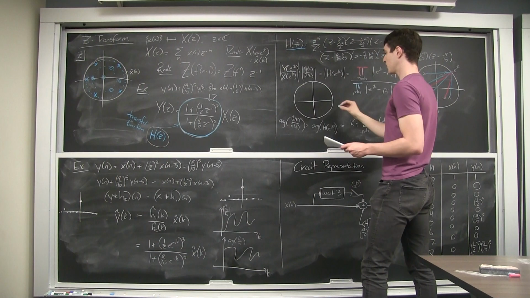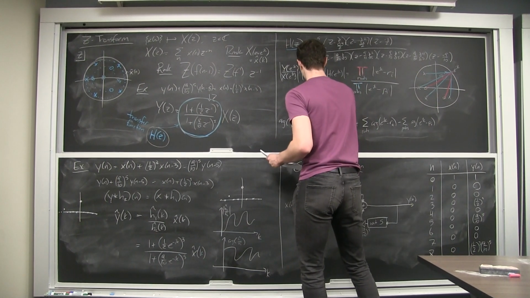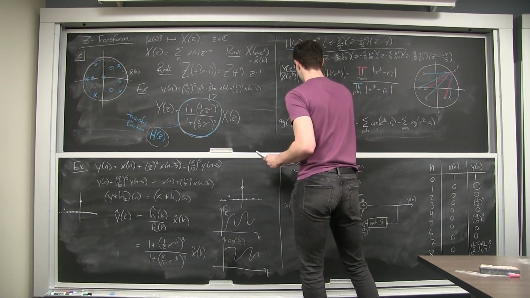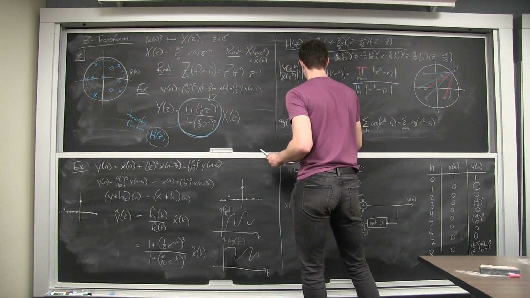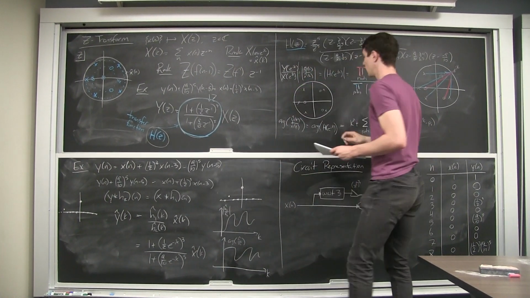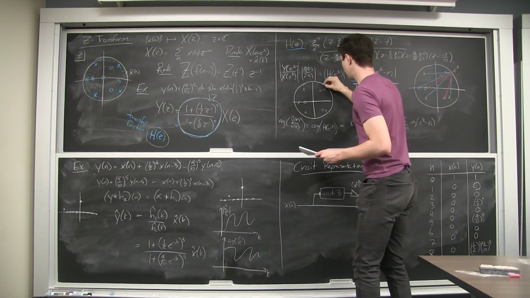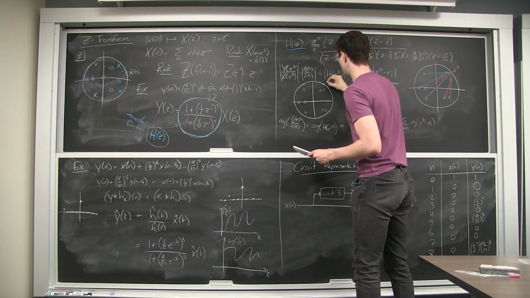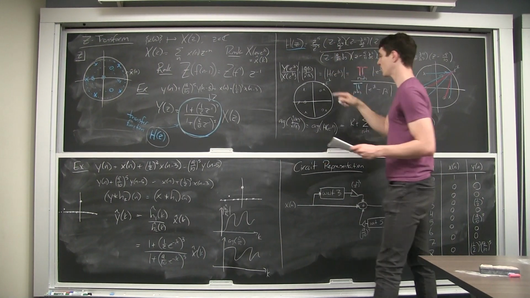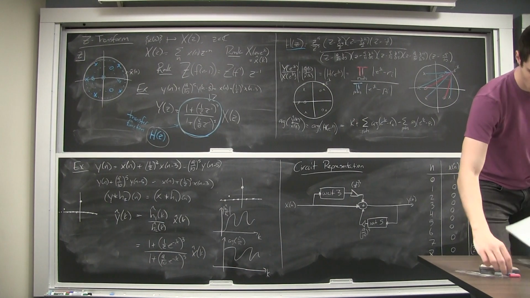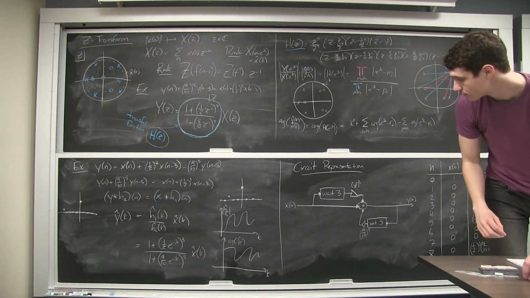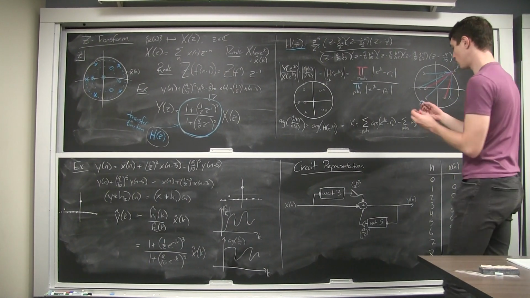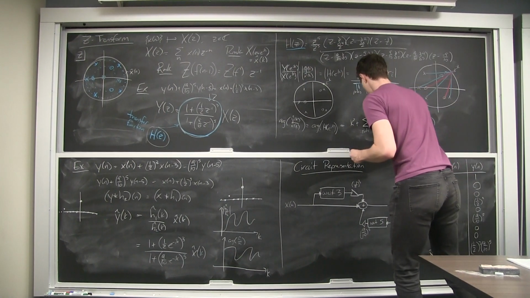Okay, but here's my pole zero diagram again. And now if I want to calculate the phase or argument to this point of my Fourier transform, let me maintain the same colors.